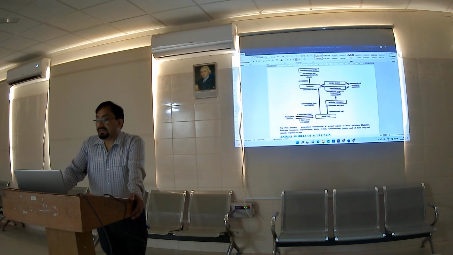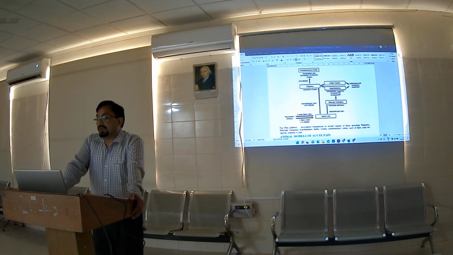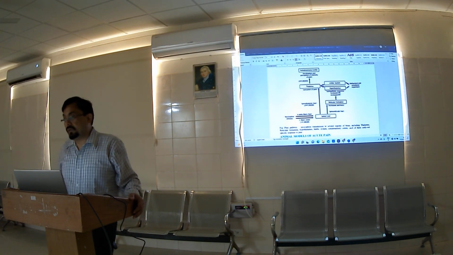The second tract is the spinoreticular tract, which increases alertness through the reticular formation.